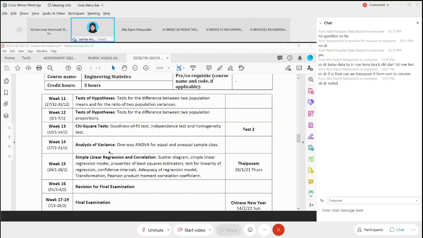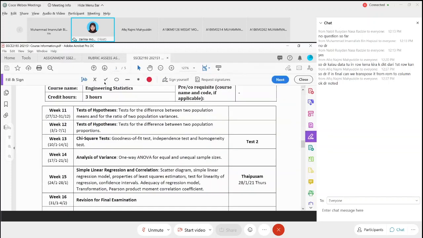Later on you will get a fitted linear regression equation. So you can expect to have y cap equals a plus bx. That is a linear function. I put y cap here.